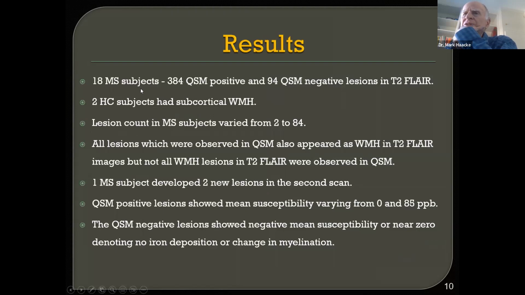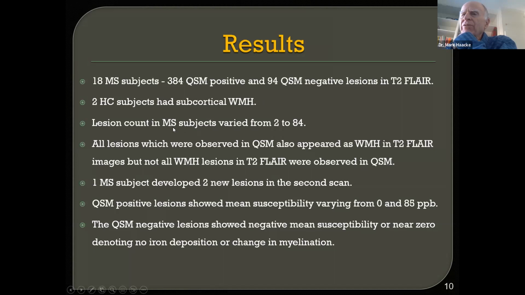So 18 of these subjects had 384 QSM positive lesions. That means that these lesions showed demyelination, and 94 negative lesions. 2 of the healthy controls also showed small white matter hyperintensity.